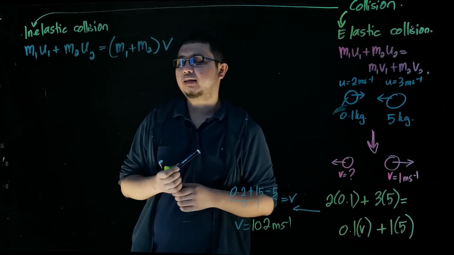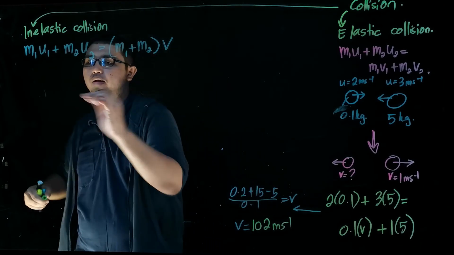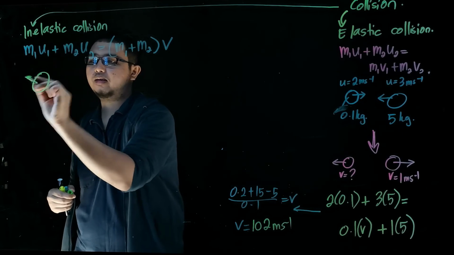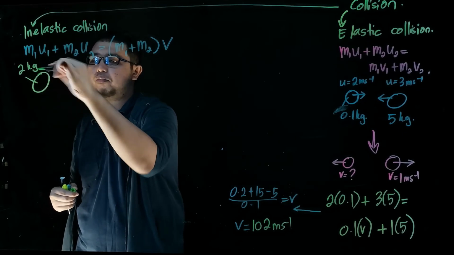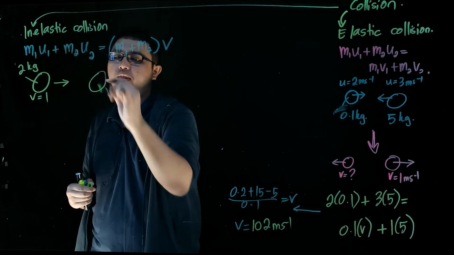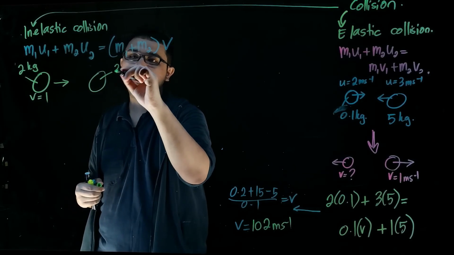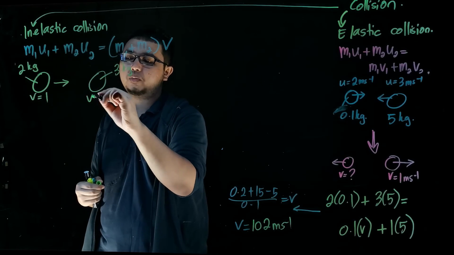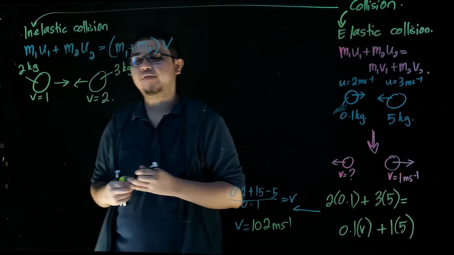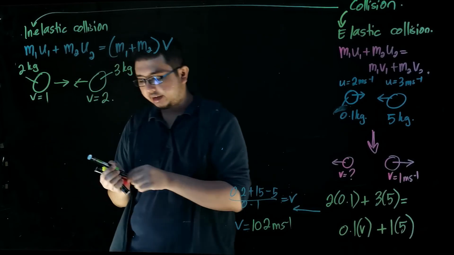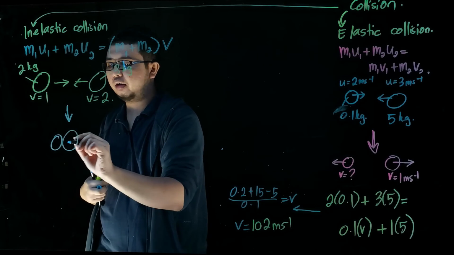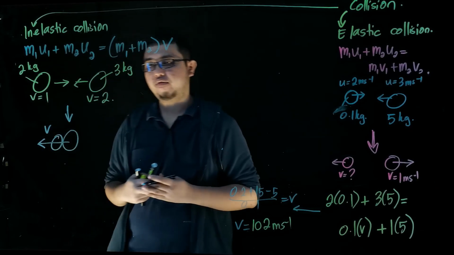Now, in this inelastic collision, we have two objects. Let's just say this is 2 kilogram, the speed is 1, hitting another object, 3 kilogram, the speed is 2. And let's just say after colliding, they move in the same direction, and we want to find the final velocity.